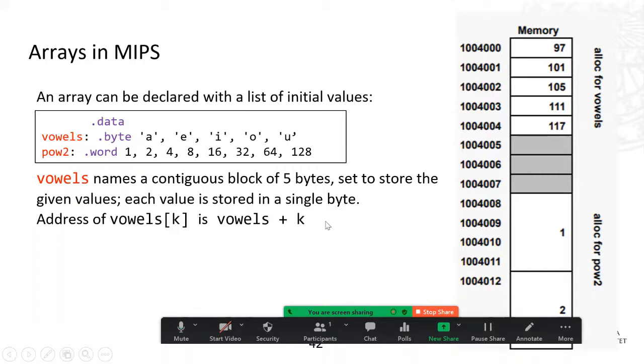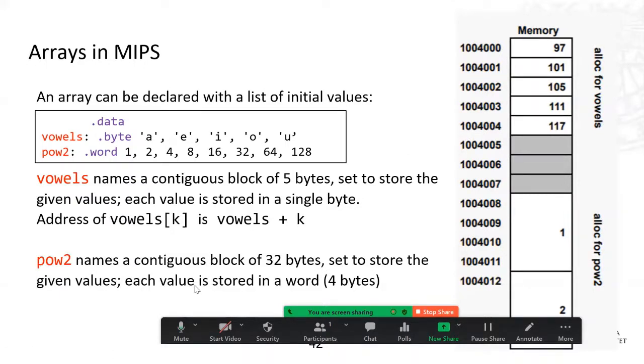But in the next array, each element is 4 bytes. So accessing the kth element is a bit different. As base address, we have POW2, which is this address, and we have to sum it up by not k, rather 4 times k, because each element here is 4 bytes, not just 1 byte.